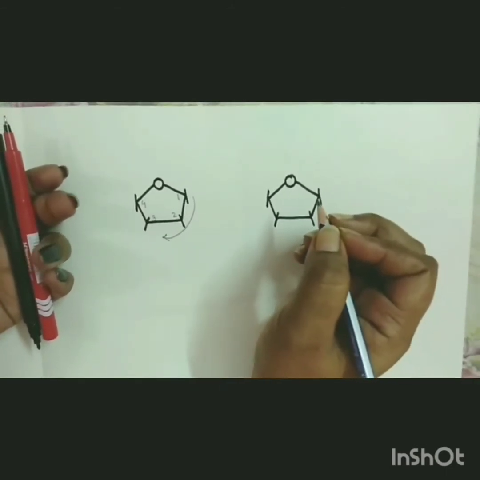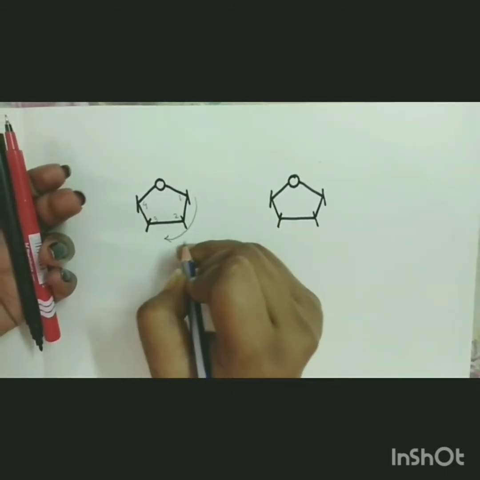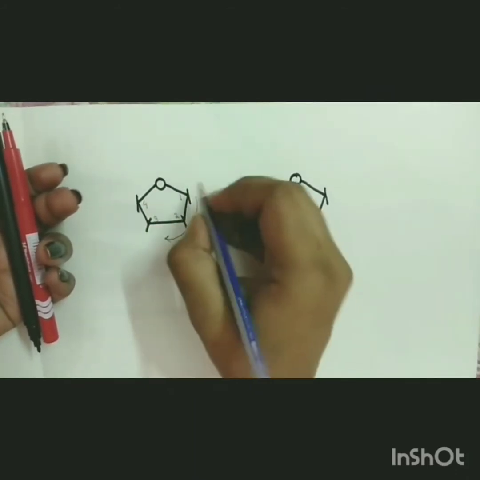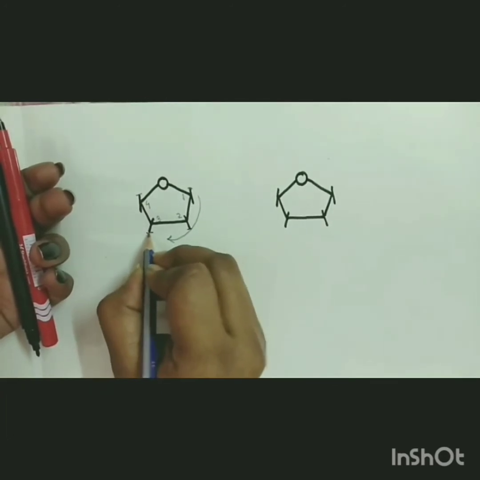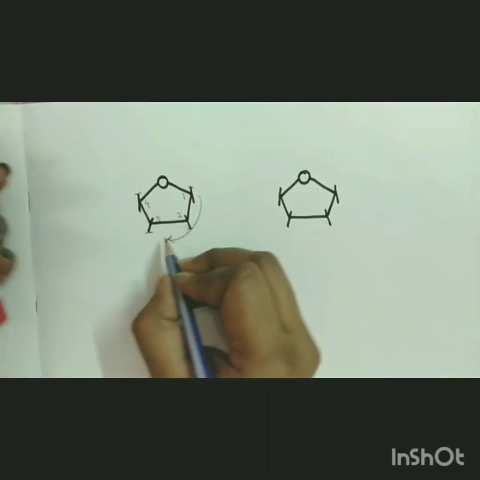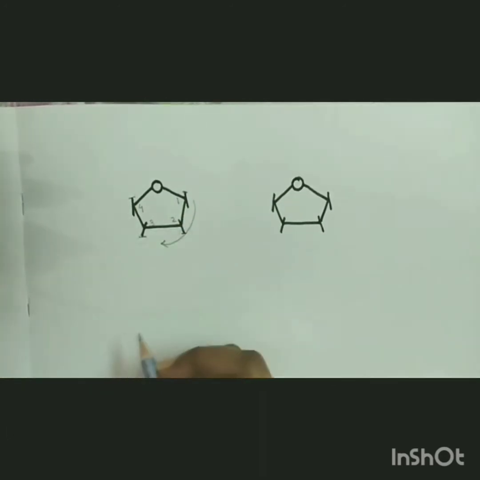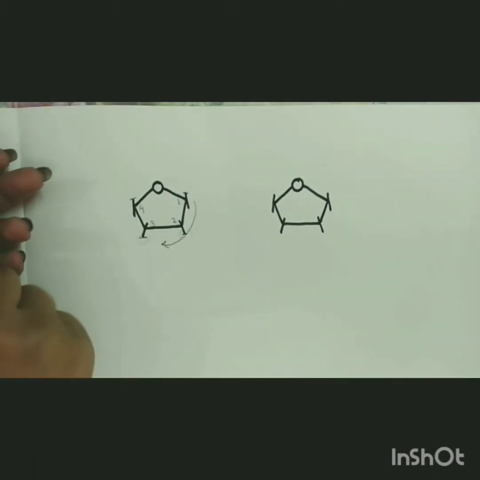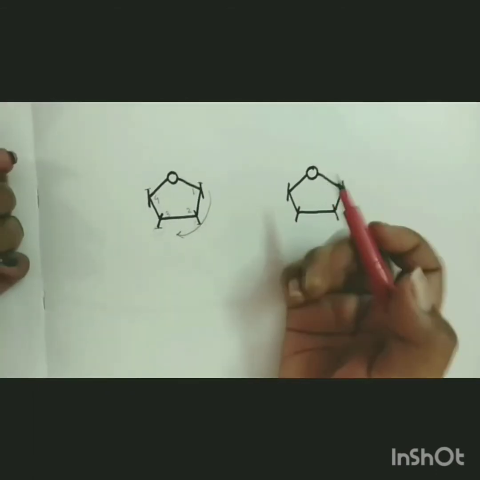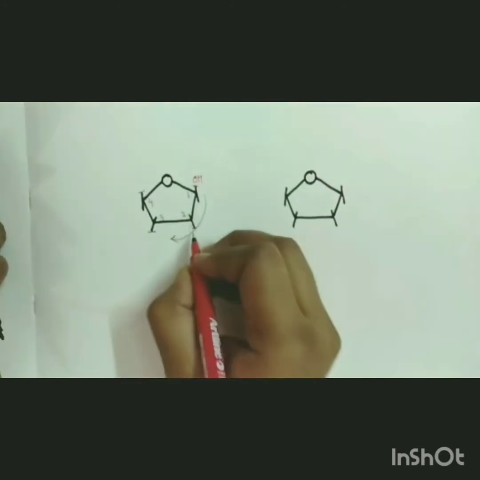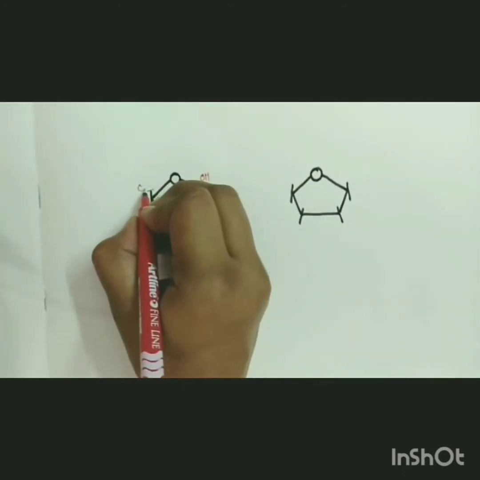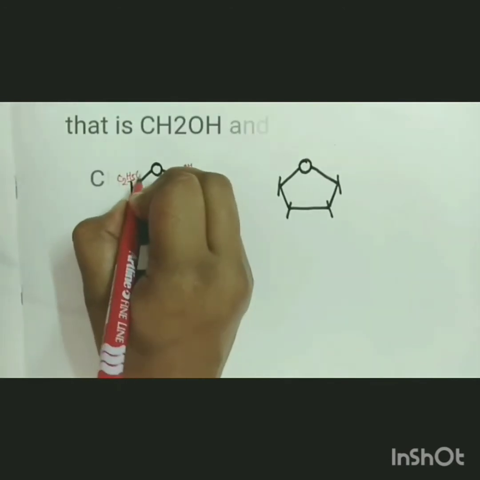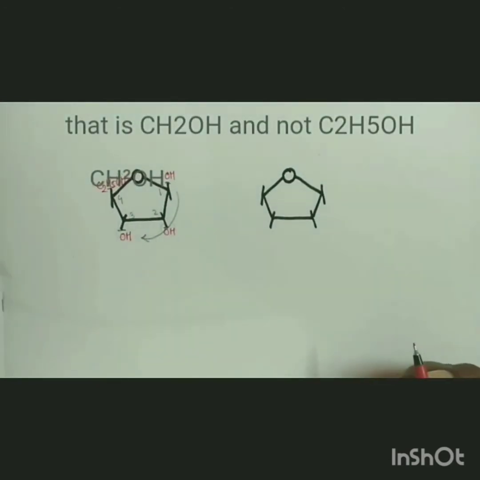Now remember the top of the hand and the bottom of the legs. The top of the hand and the bottom of the legs have to be attached with other compounds. Now see carefully. OH, OH, OH and CH2OH. CH2OH is a primary alcohol group.